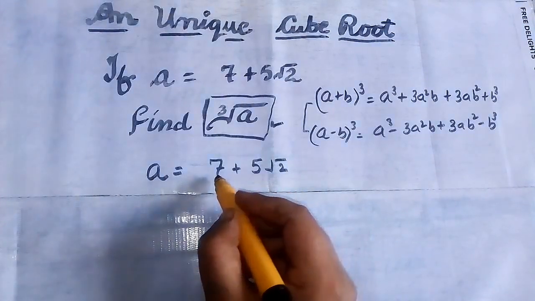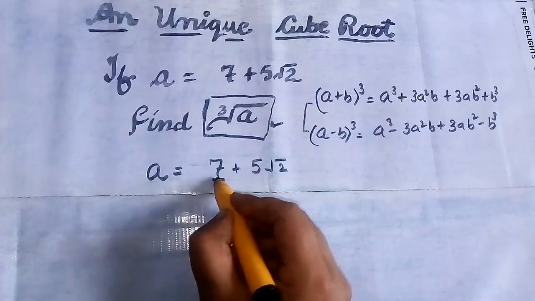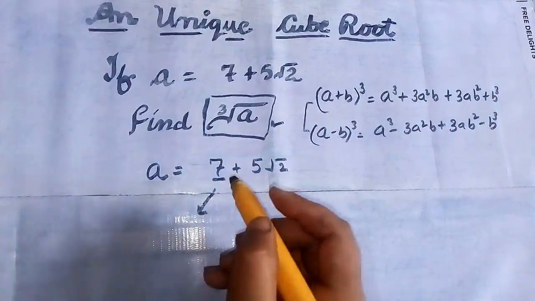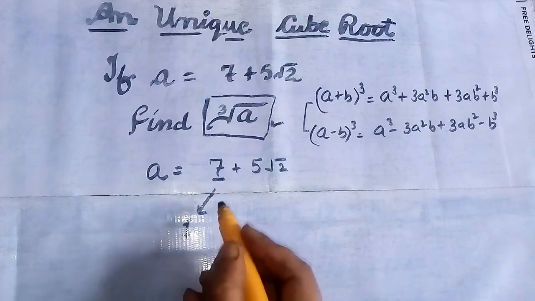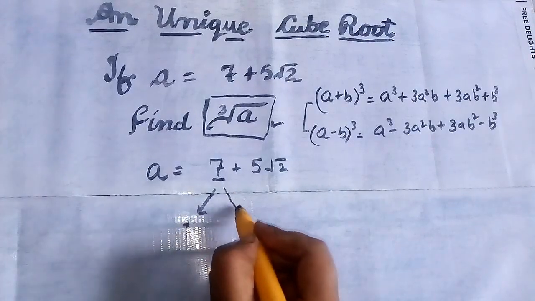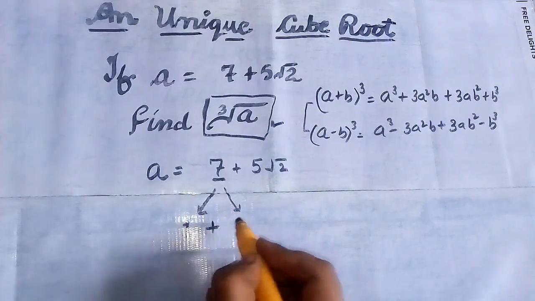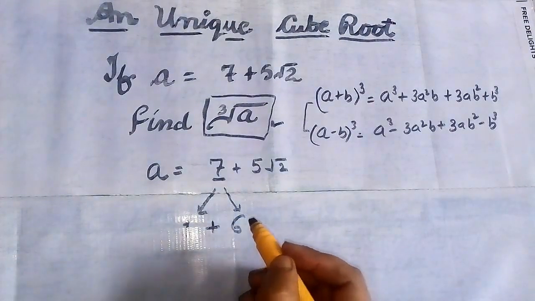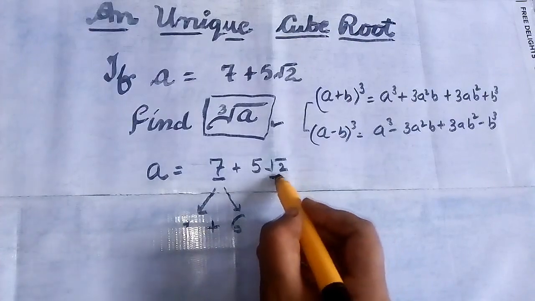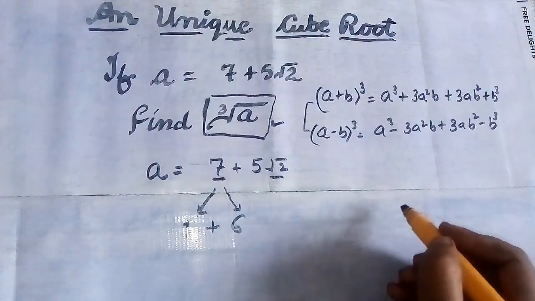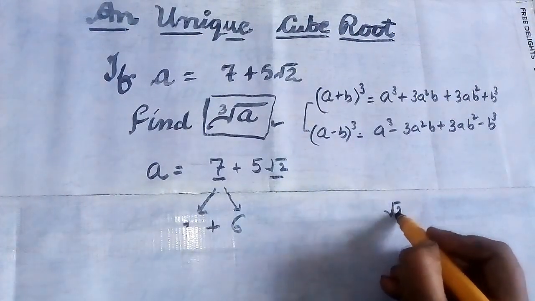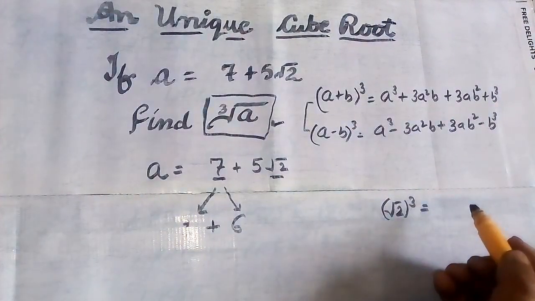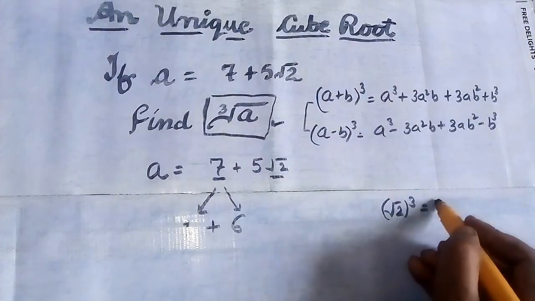Now we know that below 7 only 1 is a perfect cube number. So split it as 1 plus 6. And second thing, we know that square root of 2 cube equals 2 square root of 2.